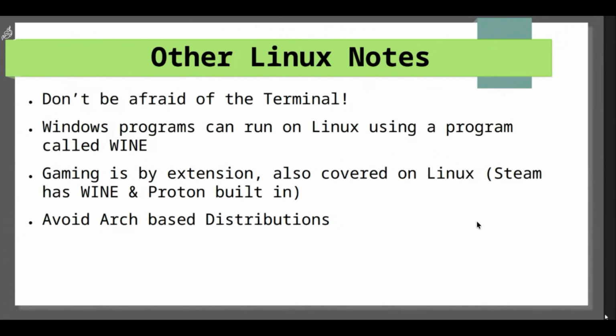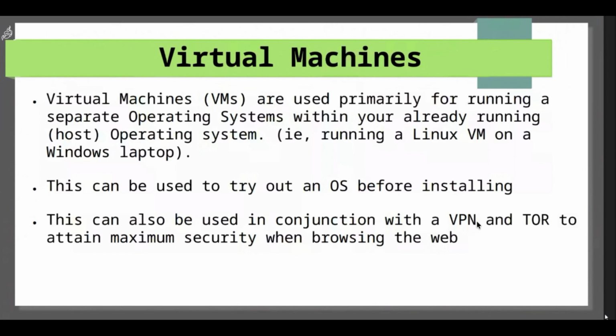Cool. Next. Virtual machines. Bring that thought about using Tor in about stacking obfuscation methods. Virtual machines. Now let's talk about operating systems. Virtual machines are when you are running a separate operating system within your current, or your host, operating system, if you will.